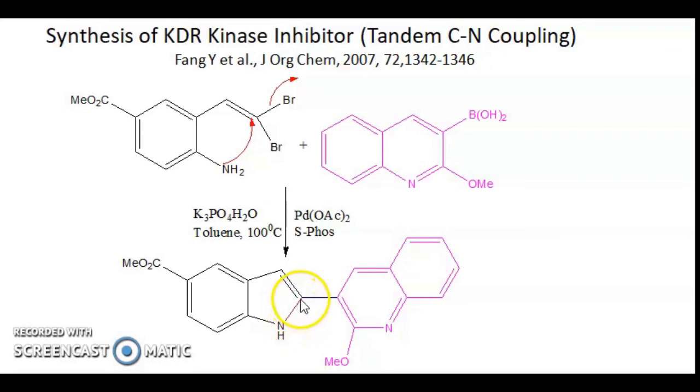CN coupling happens first, and then one halogen remains over here. That halogen is removed and this boron moiety is removed, and this carbon couples together. CC coupling happens. Here is the palladium catalyst which is involved. This is the Suzuki coupling reaction happening.